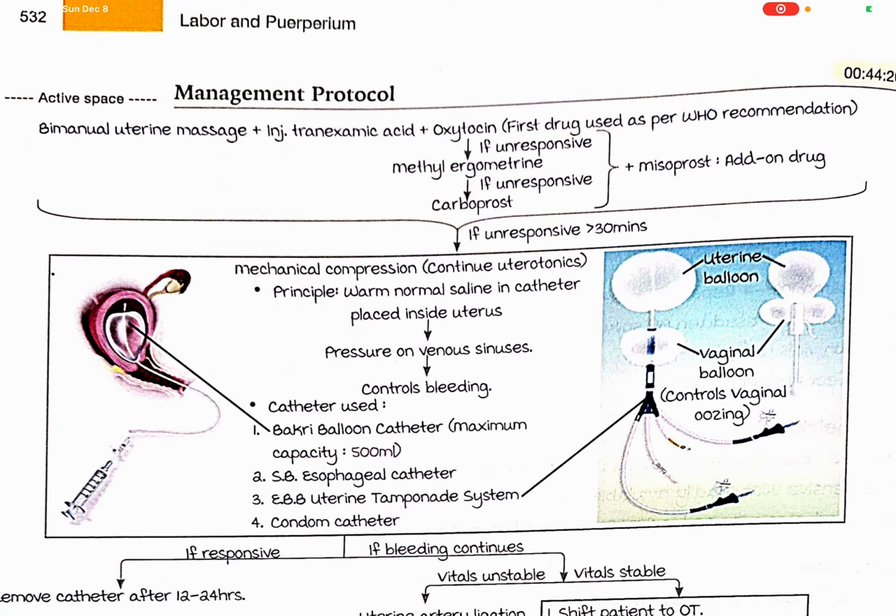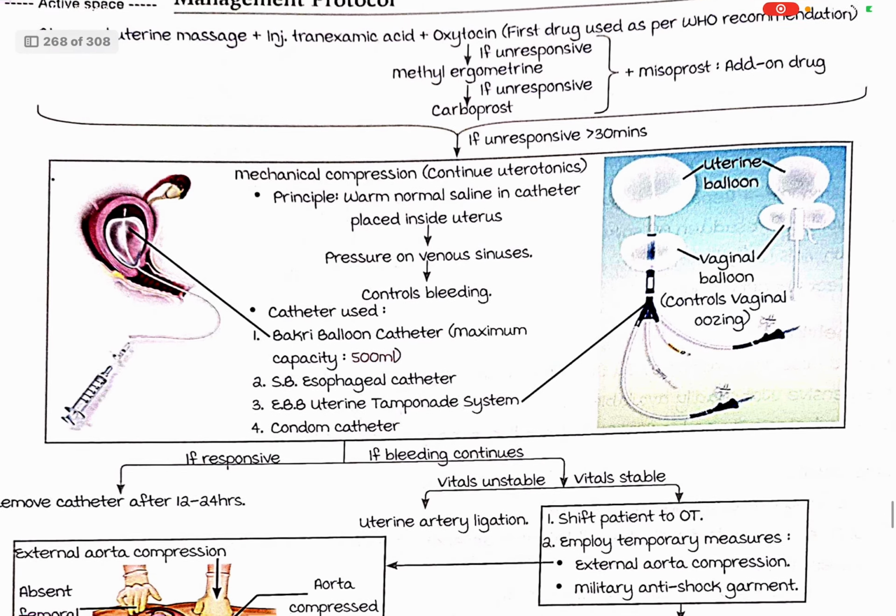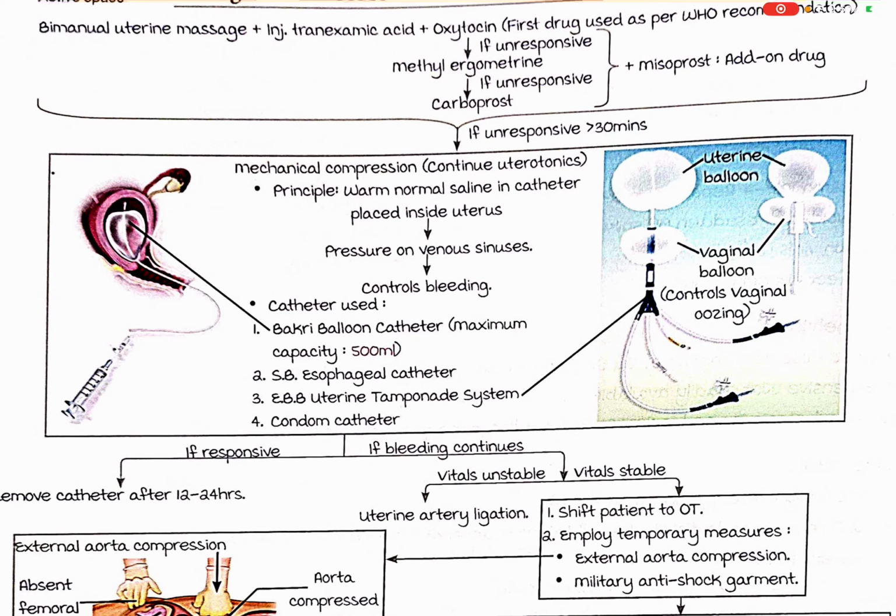Management protocol: bimanual uterine massage plus injection tranexamic acid plus oxytocin, the first drug used as per WHO recommendation. If unresponsive, methylergometrine. If unresponsive, carboprost plus misoprostol as add-on drugs. If unresponsive after 30 minutes, mechanical compression with continuous uterotonics.